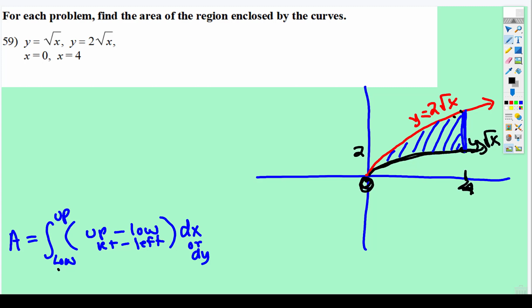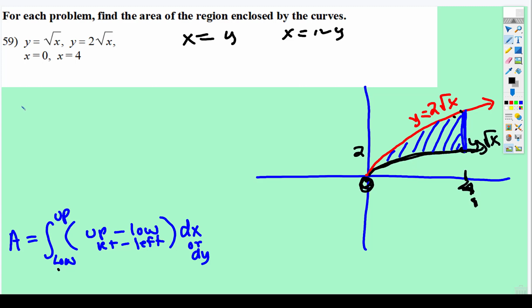Or if this said x is equal to something in y, then it would be the right end subtract the left end, because you want to do the higher subtract the lower. The more to the right you are, the higher the value.